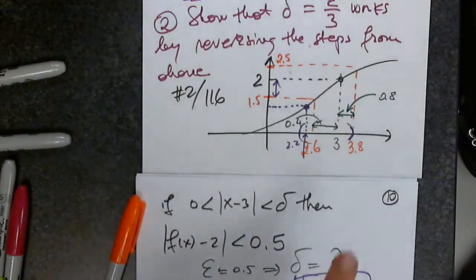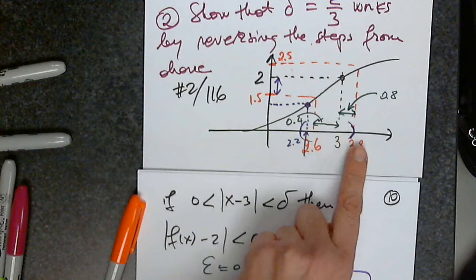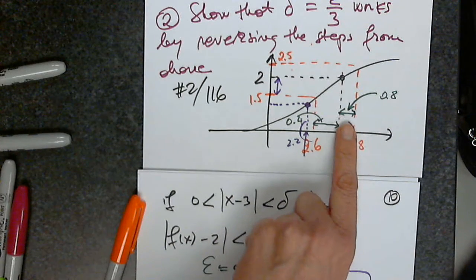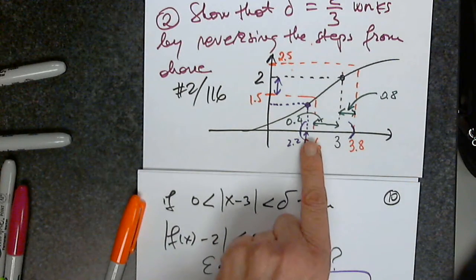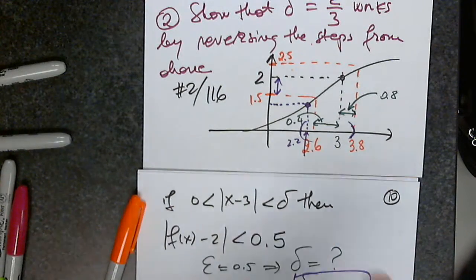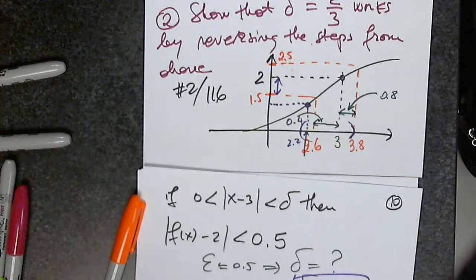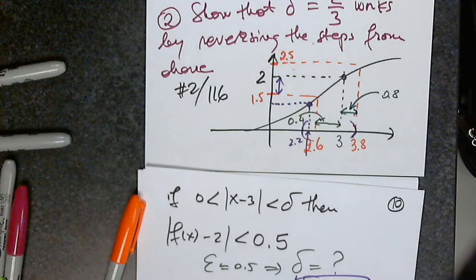So since the distance between 3 and 3.8 is 0.8 and the distance between 3 and 2.6 is 0.4, I have to choose the smallest distance. But my graph is not exact, so the best graph is in the book. And that's the answer.